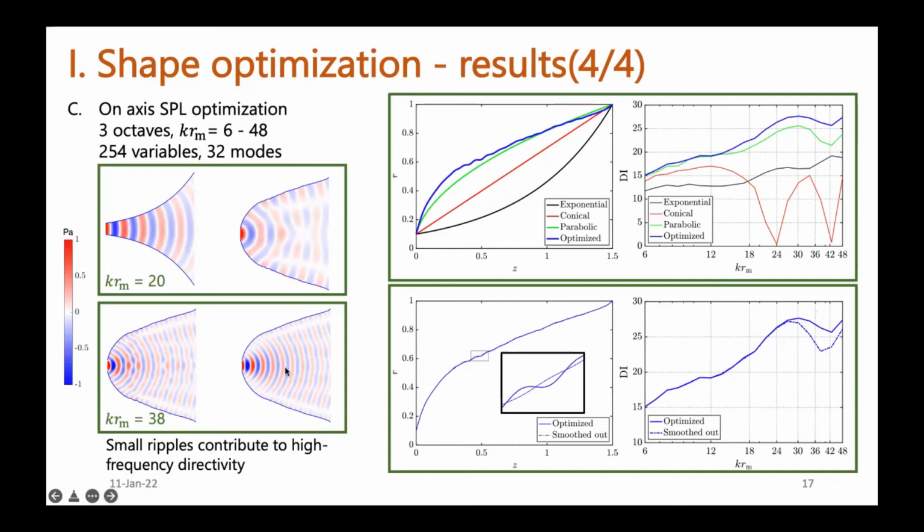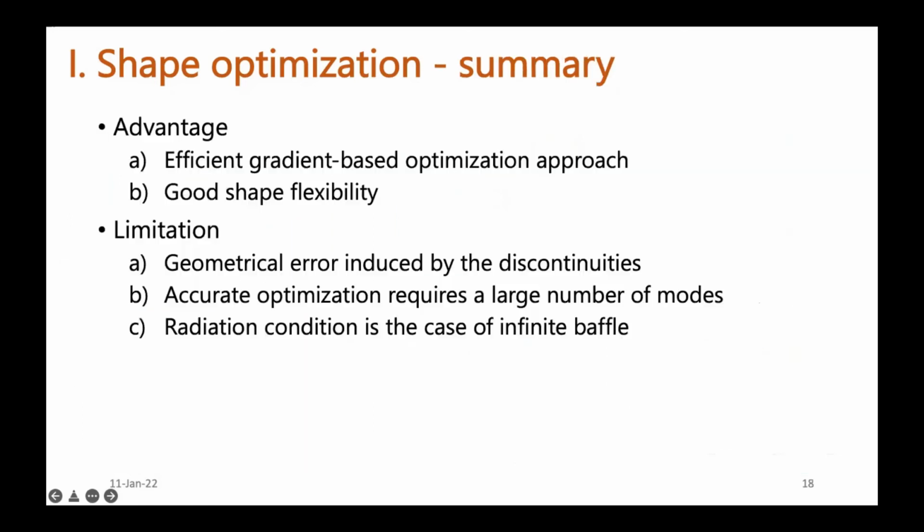And here gives the sound field inside this smooth and original shape. We can see the smooth one indeed has a more smooth wave field, but the on-axis DI is decreased. So here is a summary.